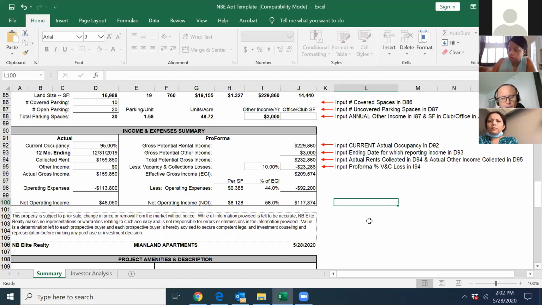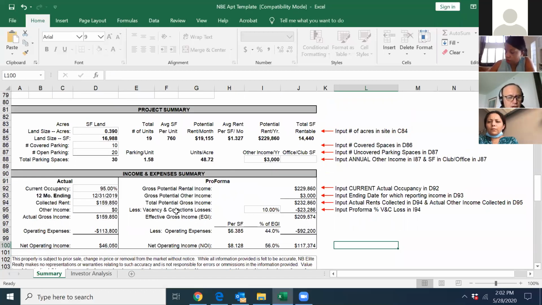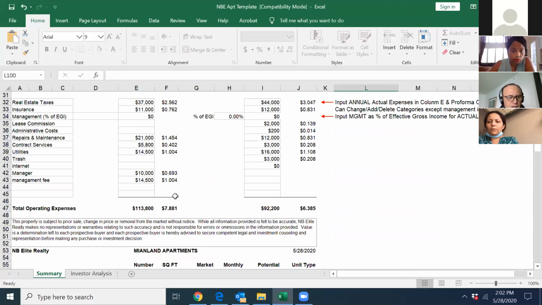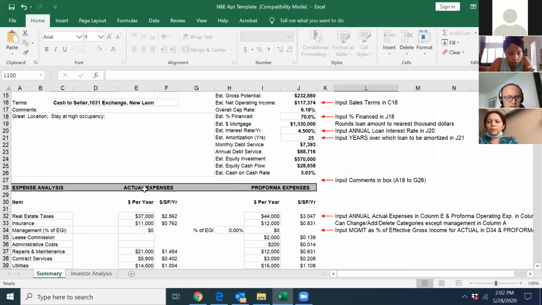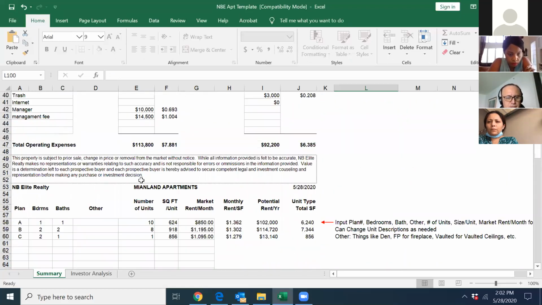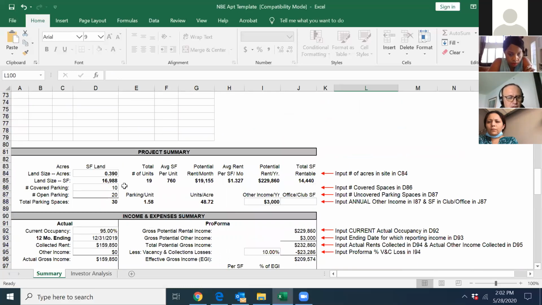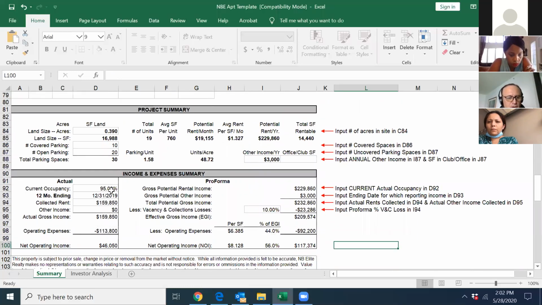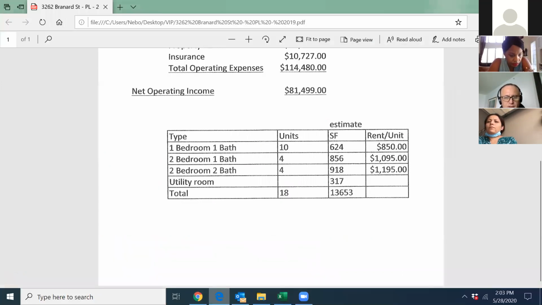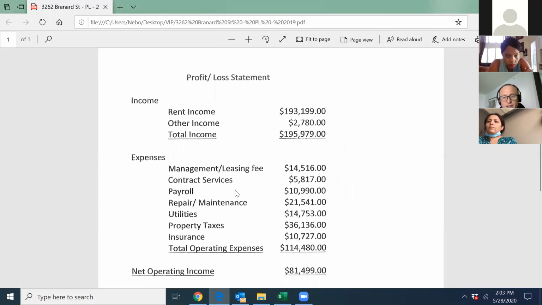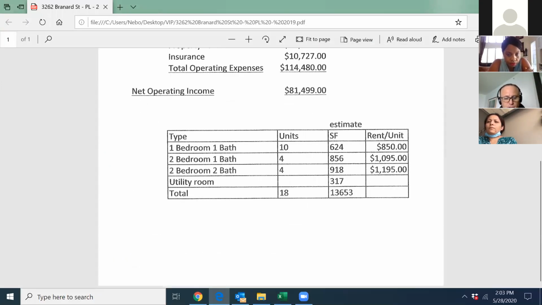No. Okay. So in here, this is the actual expenses. And in here is parking, occupancy 95%, collect rents here. Let's see how much they collected. They collected 193,200.